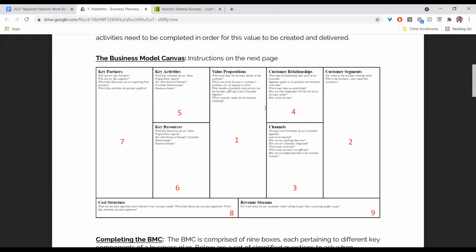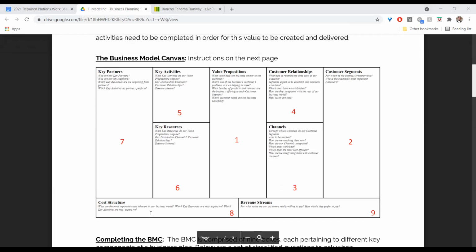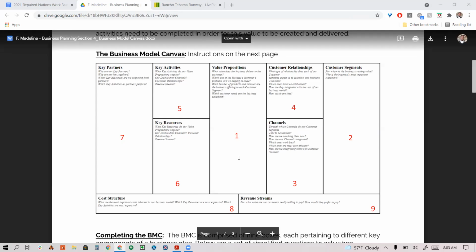Business plans can be daunting. To be honest, they can feel like a big obstacle to overcome.